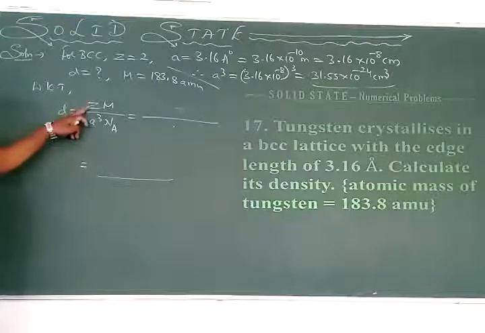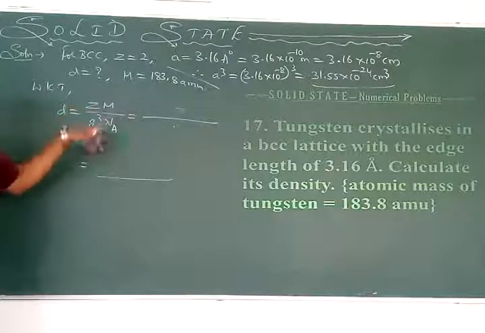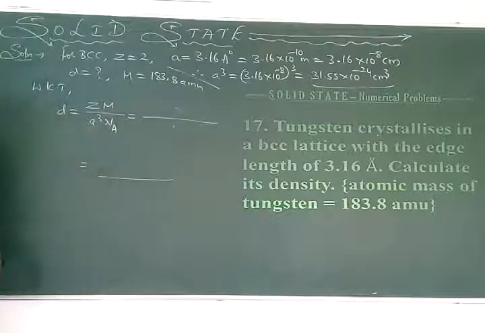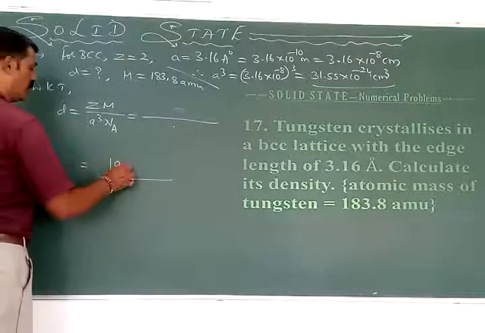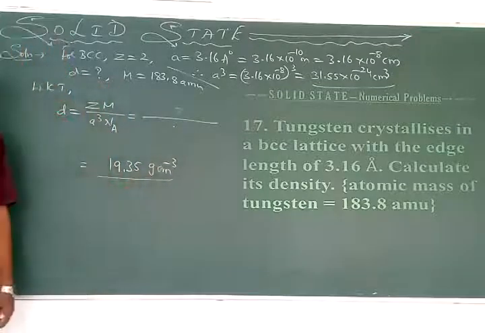Z is given as 2, molar mass is given as 183.8, and A cube is given. Na is Avogadro number. After substitution, this finally gives the density as 19.35 in terms of gram per cm cube. Okay, you have to work it out.